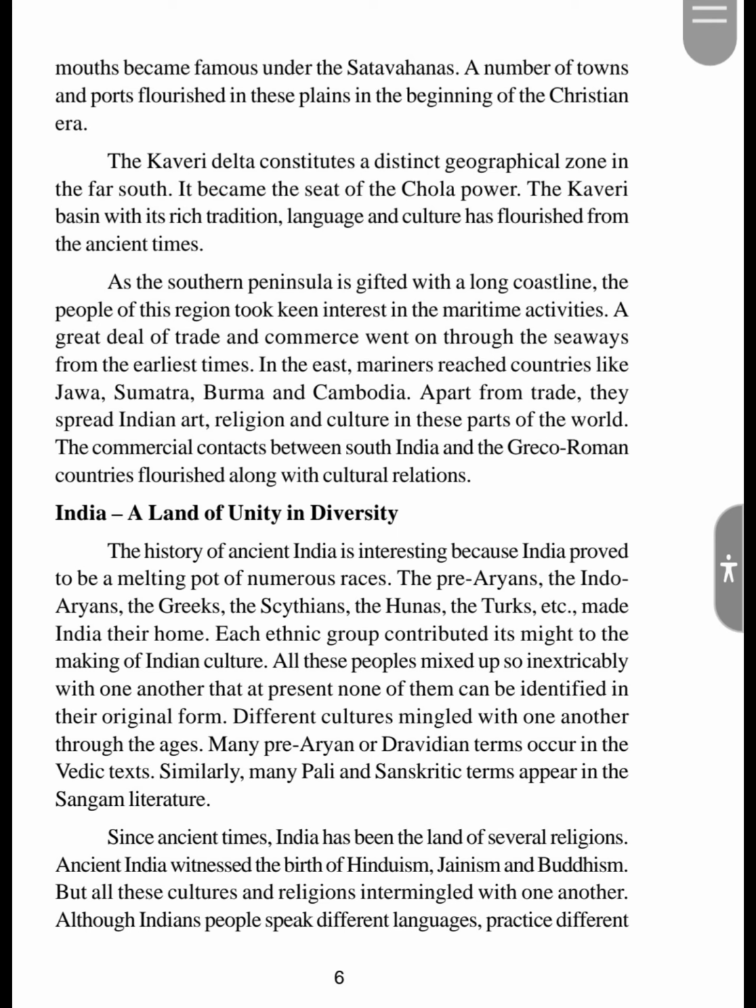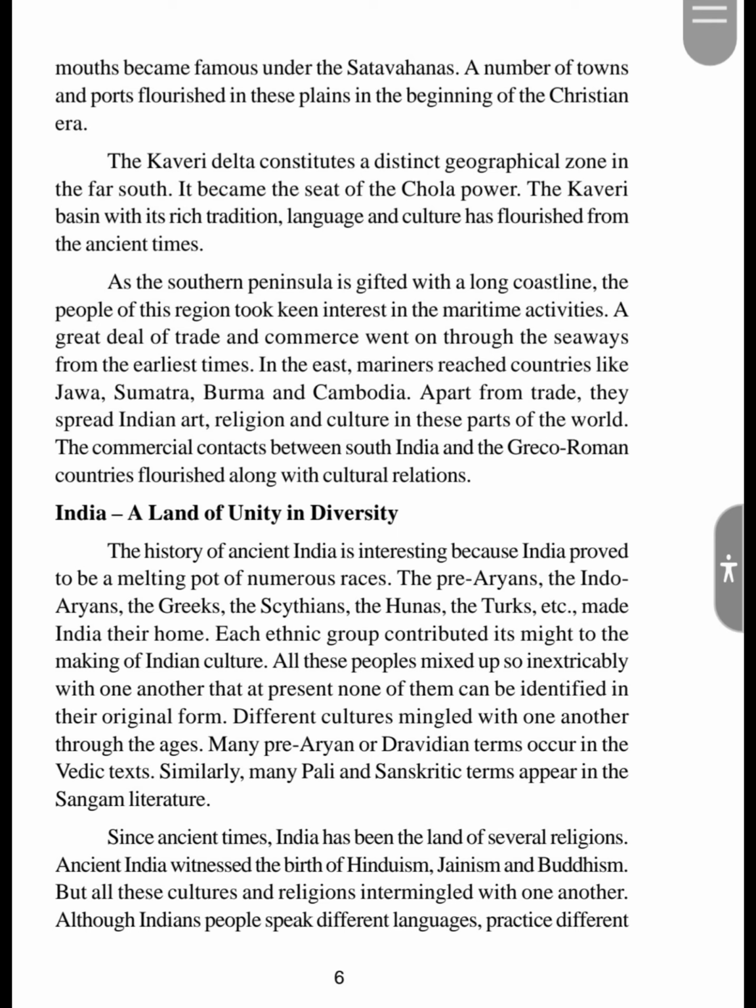In the east, mariners reached countries like Java, Sumatra, Burma, and Cambodia. Apart from trade, they spread Indian art, religion, and culture in these parts of the world. The commercial contact between South India and the Greco-Roman countries flourished along with cultural relations.